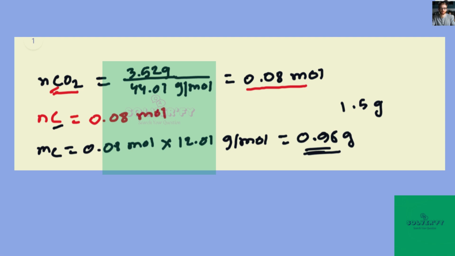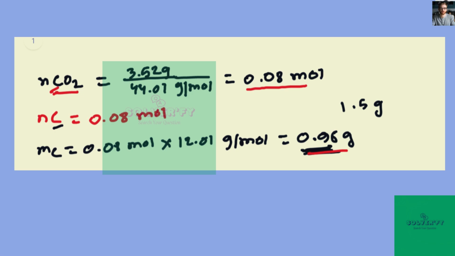The amount of carbon in CO2 is the amount of carbon in the sample, because the complete combustion means that the amount of carbon in the original sample is completely combusted to give this much carbon in CO2. So we can assume that this is the amount of the whole carbon which is present in the original sample.